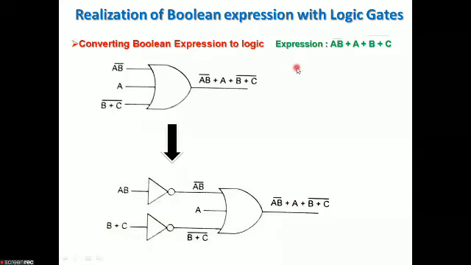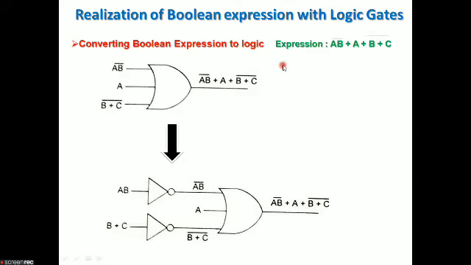So Boolean expressions can be realized as hardware using logic gates. Conversely, hardware can be translated into Boolean expression for the analysis of the existing circuits. So first of all, let us start with converting Boolean expression to logic. The expression we have taken is A dot B bar plus A plus B plus C bar.